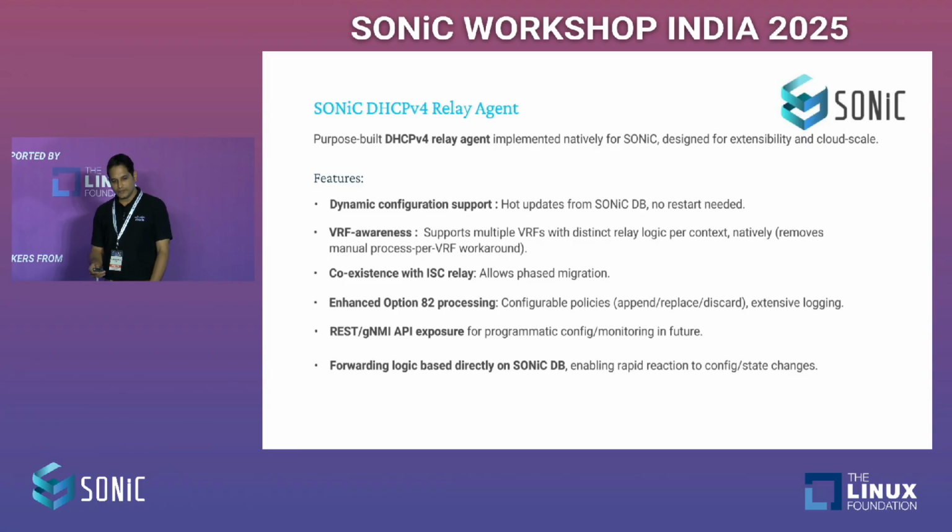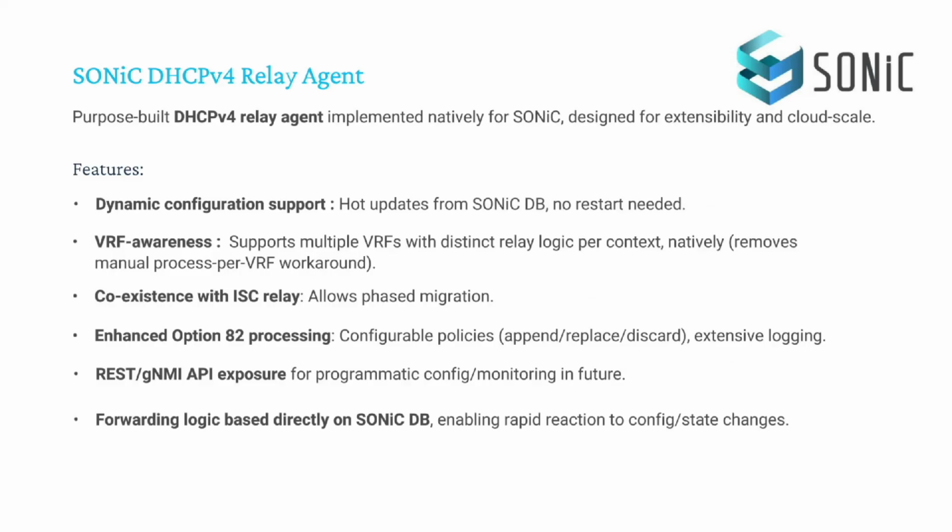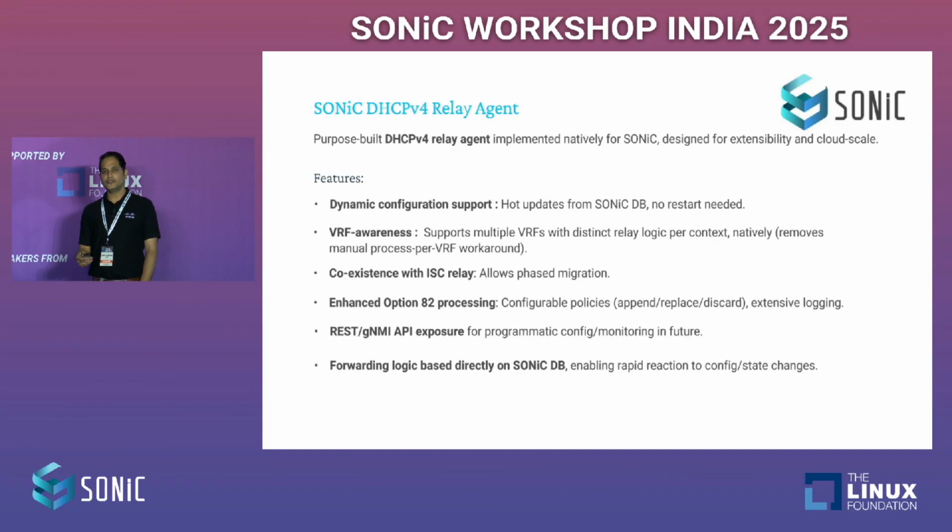And coexistence with the present ISC DHCP relay. There might already be many deployments where people are using ISC DHCP relay, so we are not going to disturb that right away. Even with this feature present, the DHCP relay will come up with ISC DHCP relay, but we have introduced a knob where, only if you enable this feature, our new feature kicks in and all the tables will be migrated.